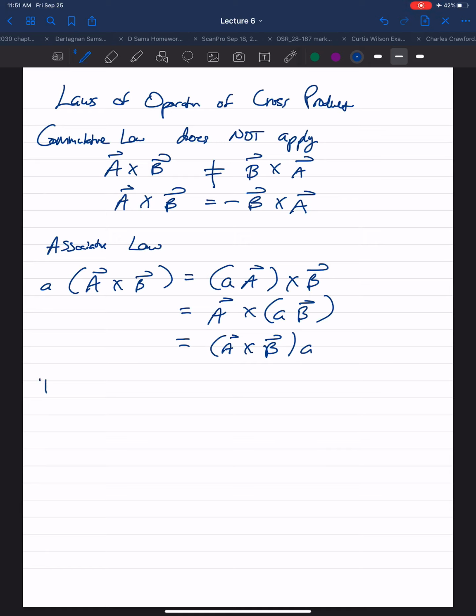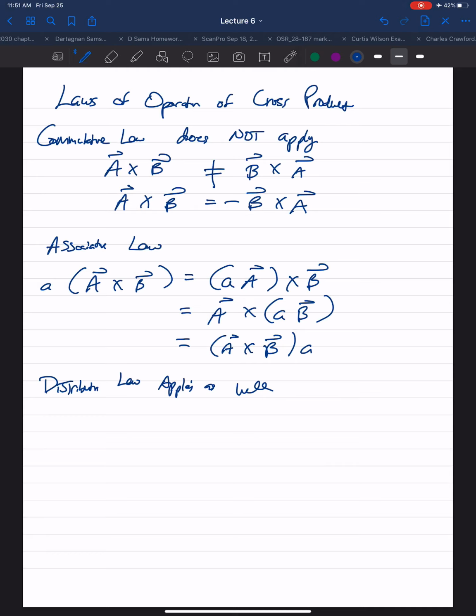And the distributive law applies as well. Most of the problems, we're not going to dig this deep into it. This is more just introducing you to these laws and terminology. From a pure vector algebra perspective, we're not going to be diving too deep within the scope of this course, but it's helpful to become familiar with these laws and how to work them.